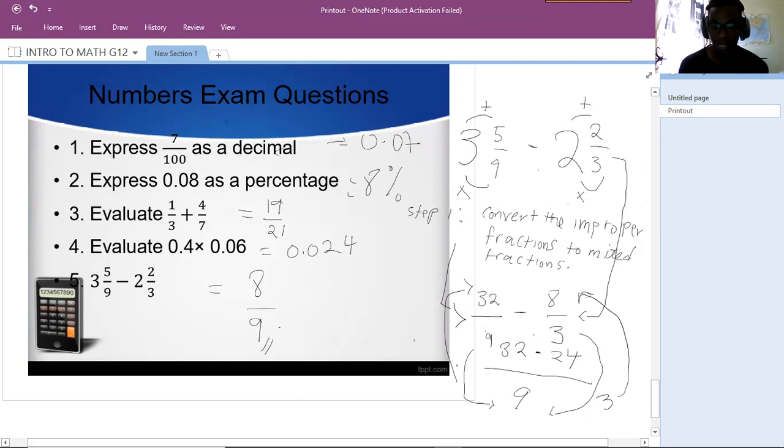Then we divide 9 into 9, it's 1, multiplied by 32, it's 32. 3 into 9 is 3. Then 3 multiplied by 8 gave us 24. So 32 minus 24 gave us 8. So our final answer would be a proper fraction, which is 8 over 9.